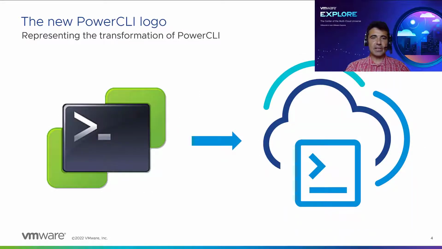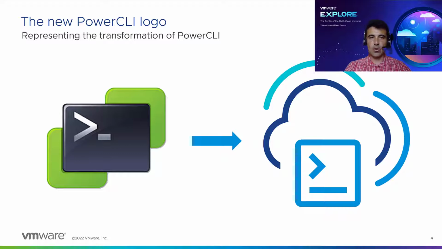So first, let's start with the new PowerCLI logo. Here you can see the old logo and the new logo, and you can see that the new logo signifies the transformation of PowerCLI. The old logo was inspired by the vSphere logo, but now PowerCLI is much more than vSphere.